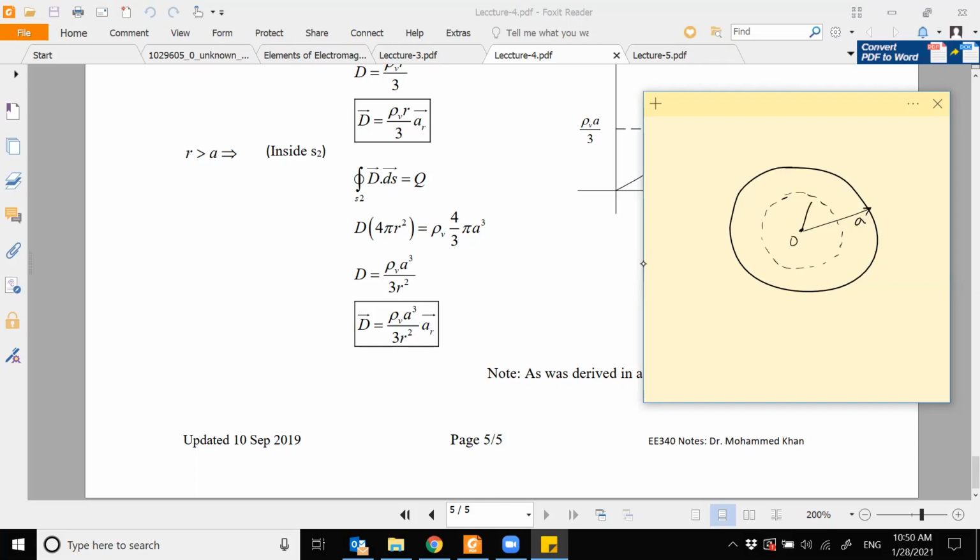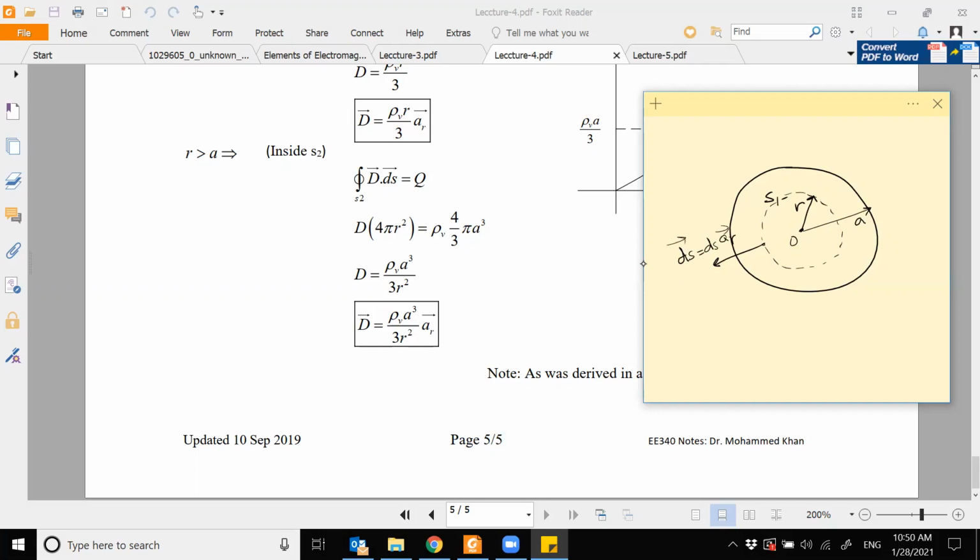This is what we are now trying to evaluate. So I'm taking this as r, and this as the surface S1. Again, the idea is the same. This will be the unit normal, so dS will be equal to dS aR.